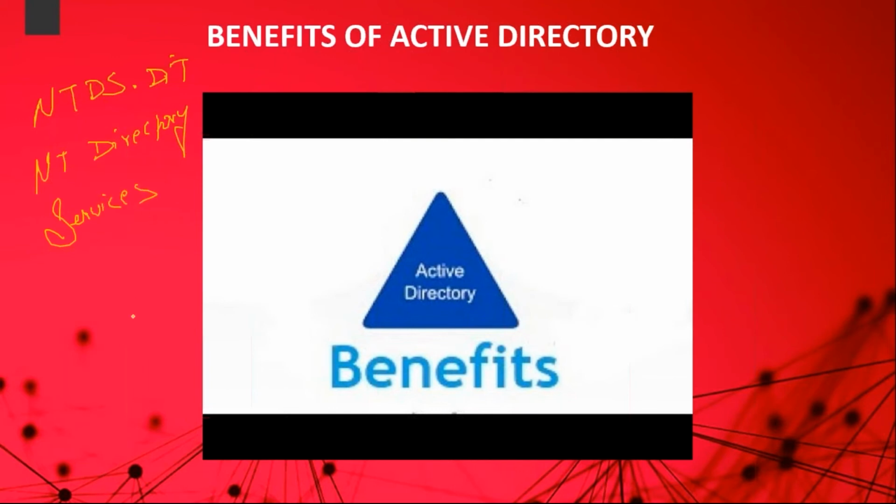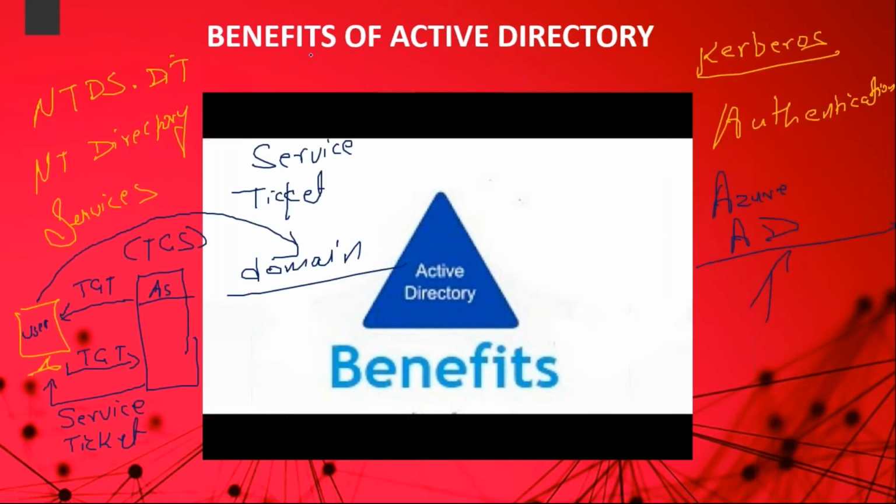Then it uses the Kerberos protocol for authentication, and Active Directory maintains consistency amongst different domain controllers. We were talking about the ntds.dit database file, and it is possible to have multiple domain controllers in the environment.